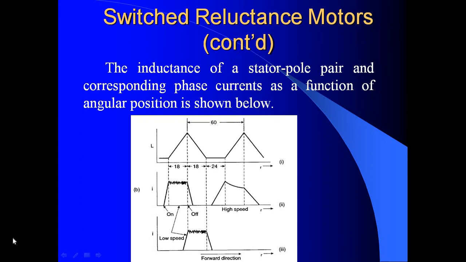I already mentioned the electrical angle of 60 degrees conducts at the maximum, then the phase-to-phase sequence in this switched reluctance motor method, and then the optimization position in the second position.